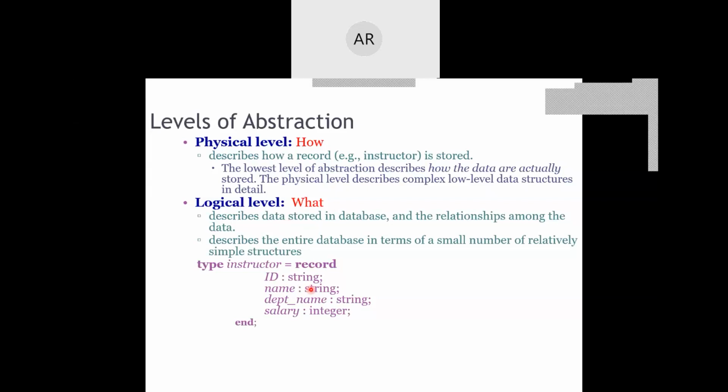Now, if I'm talking about a record, I have taken the PIN number or ID over here as a string. In the same way, name as a string, department name as a string, and salary as an integer. This ID for you people is the PIN number, which is composed of 18054-CP and some number.